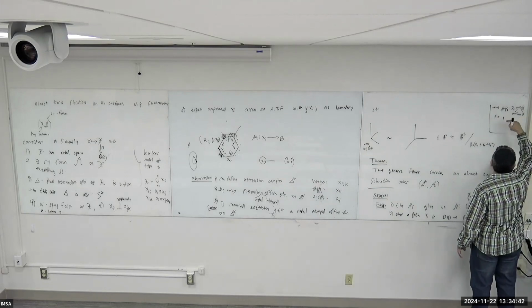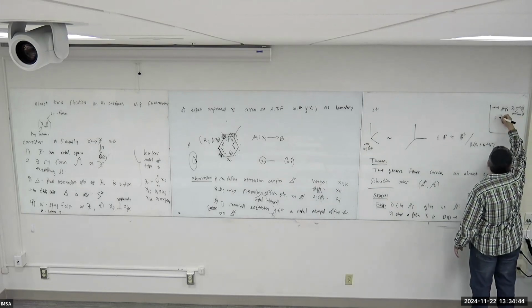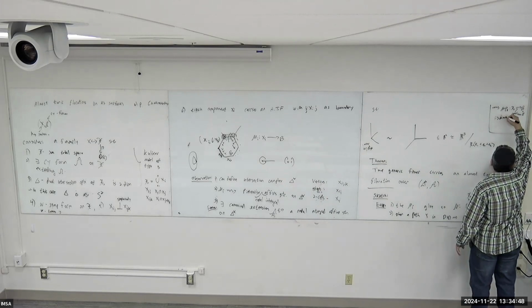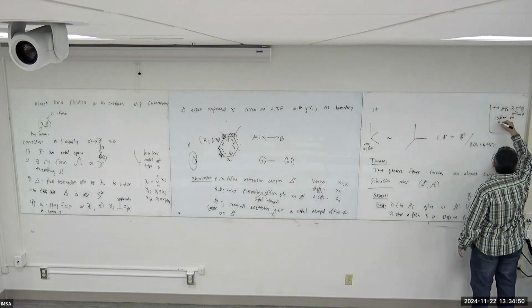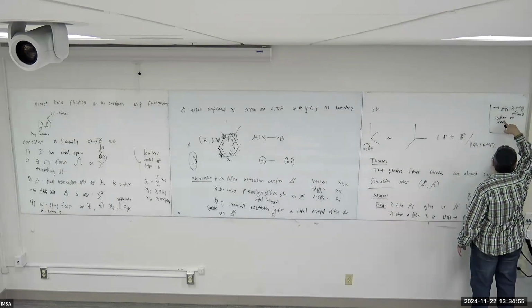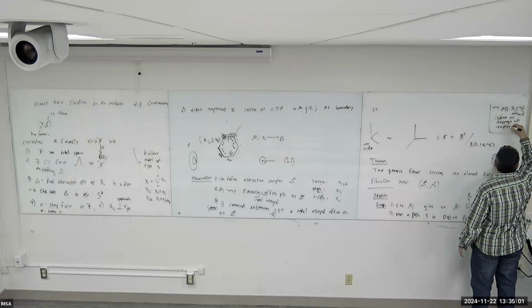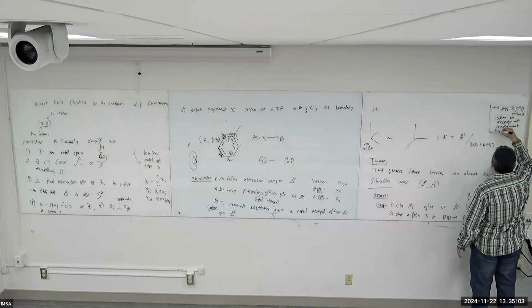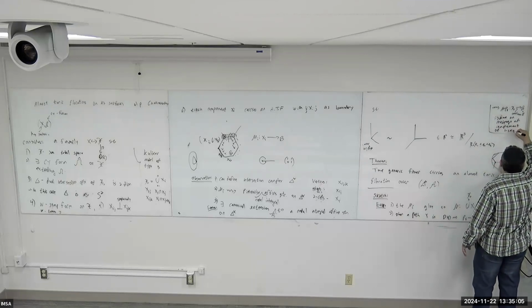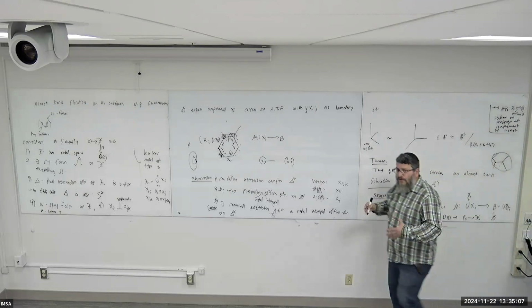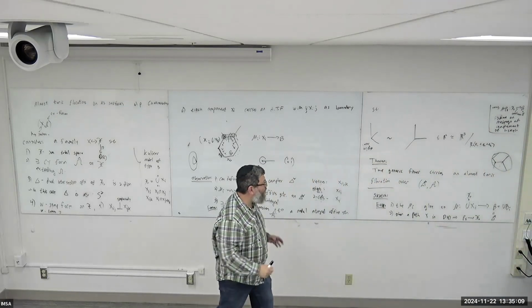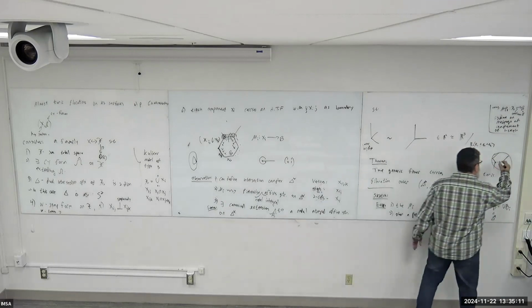So it is smooth on the preimage of the complement of the one skeleton.